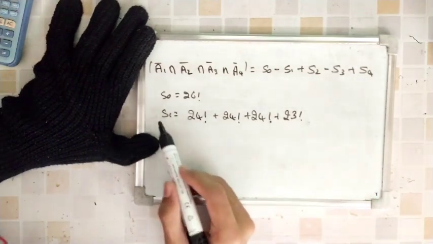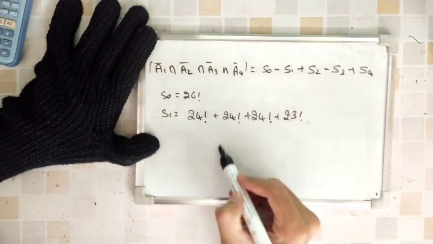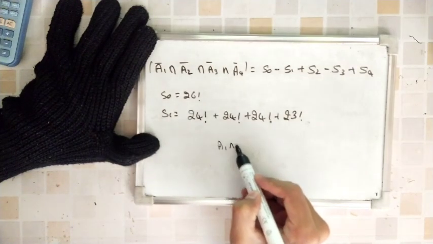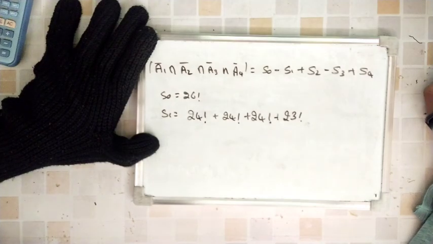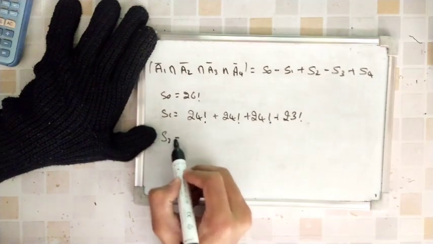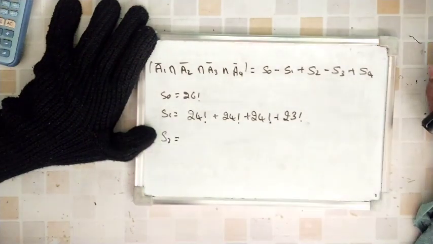Okay, understood, right? Here A1 intersection A2 we had found, so all those things like that.